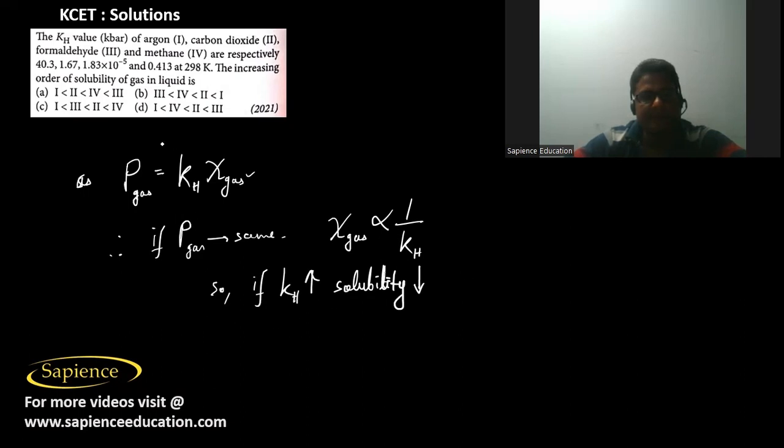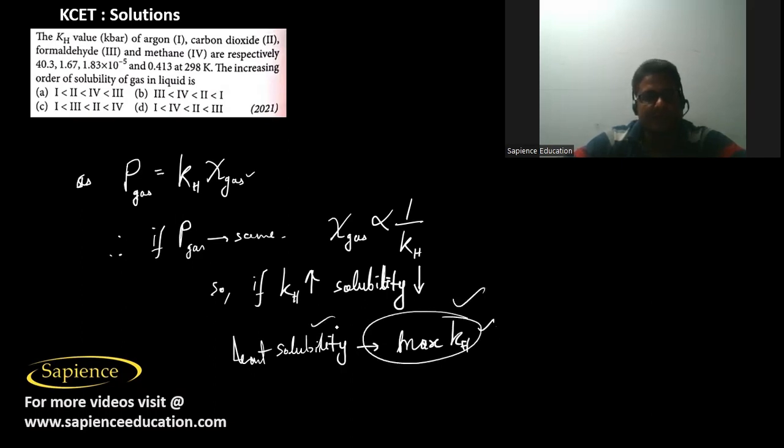So we have to write the increasing order of solubility. We should first start with the gas having the least solubility, which should have the maximum value of KH. The highest value of KH is 40.3 kilobar, for argon.